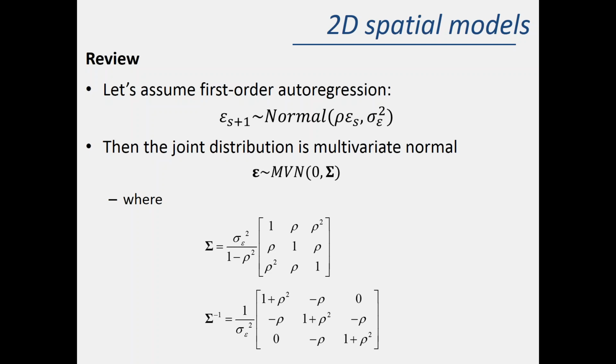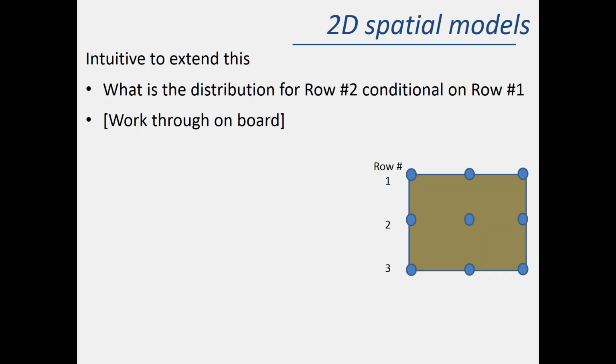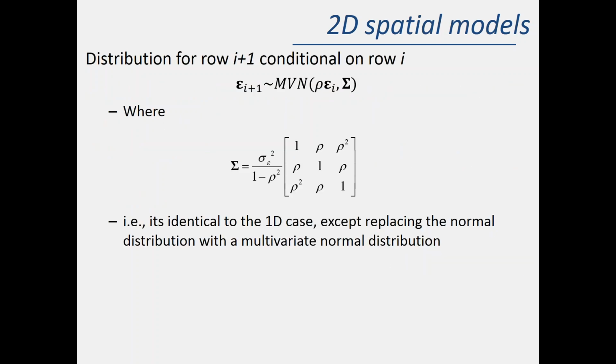Isn't the way that it's written, it ignores the conditional probability between different rows? Or between different columns. Yeah, so you mean what's the correlation?